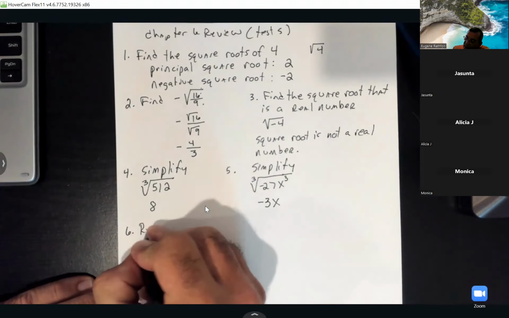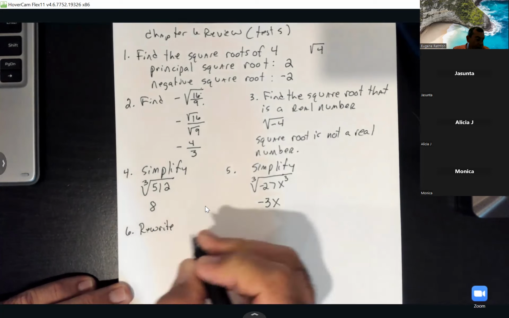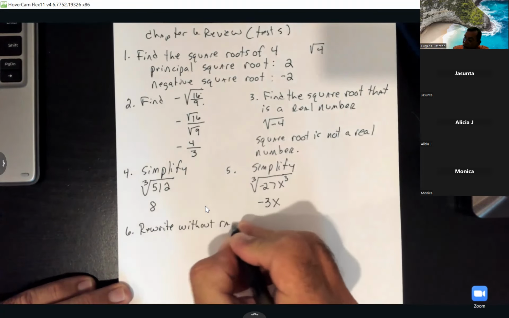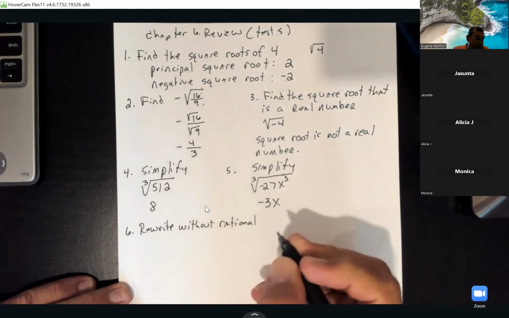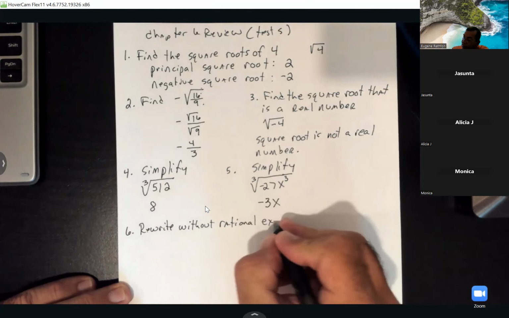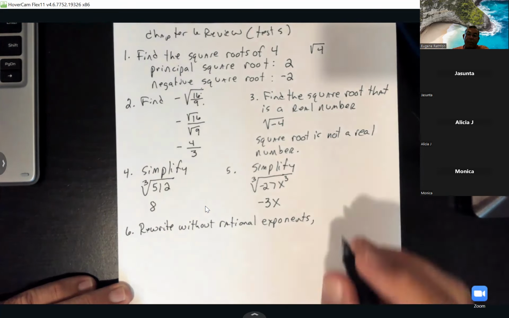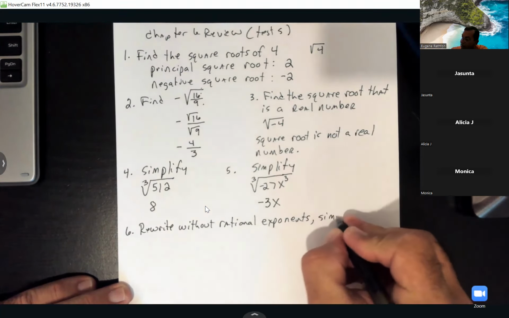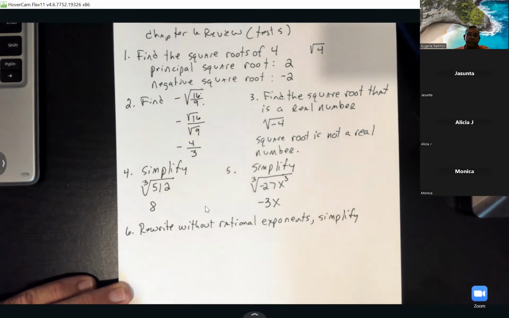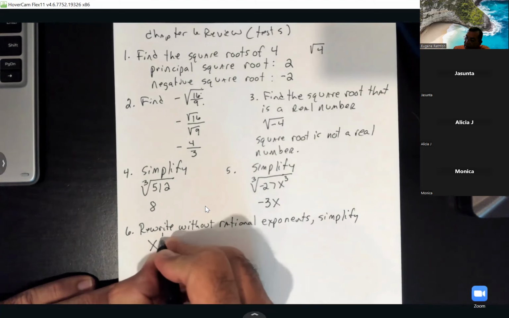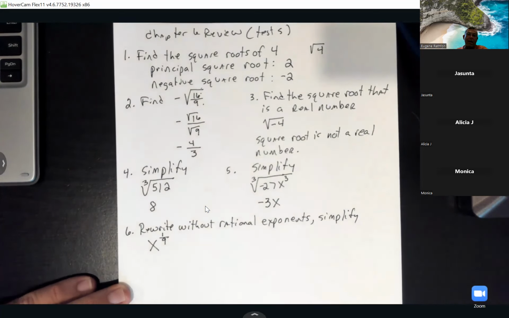All right, y'all, number 6, rewrite without rational exponents. And then it says, if possible, simplify. So they're giving me x to the 1/9.